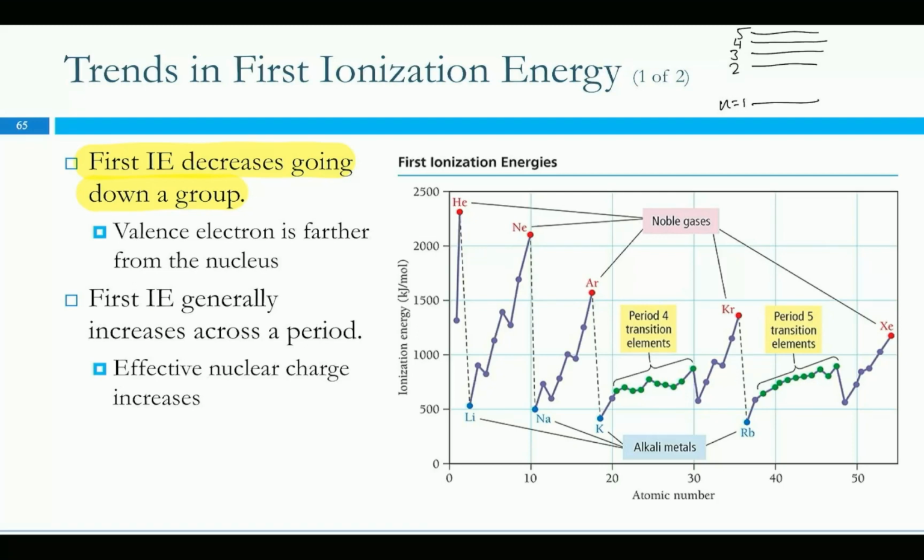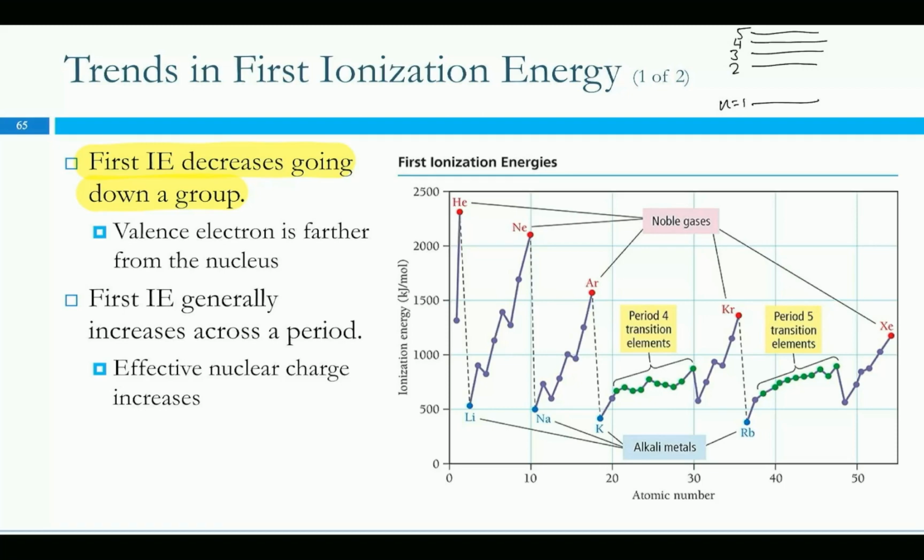We saw that with electrons being excited and then relaxing down to lower energy states. What we're doing with ionization energy is basically exciting the electron out of the atom. So what's the minimum amount of energy to eject one of those electrons? As we go down, things get larger, the electron's farther away from the nucleus, and it's easier to remove.